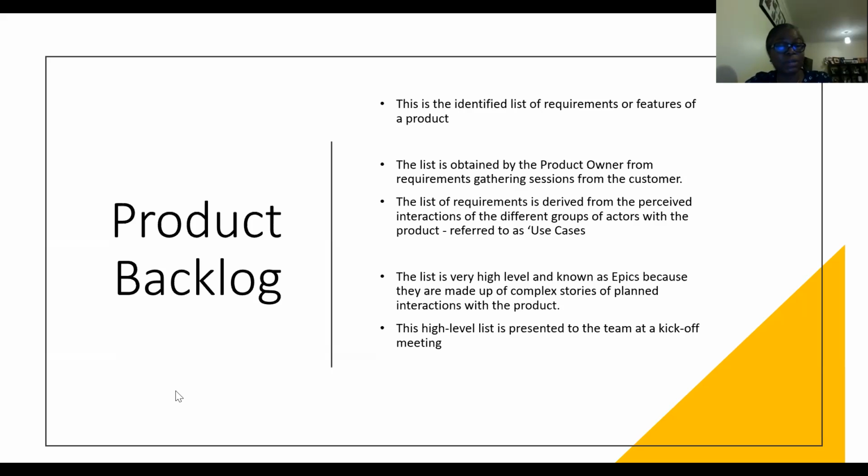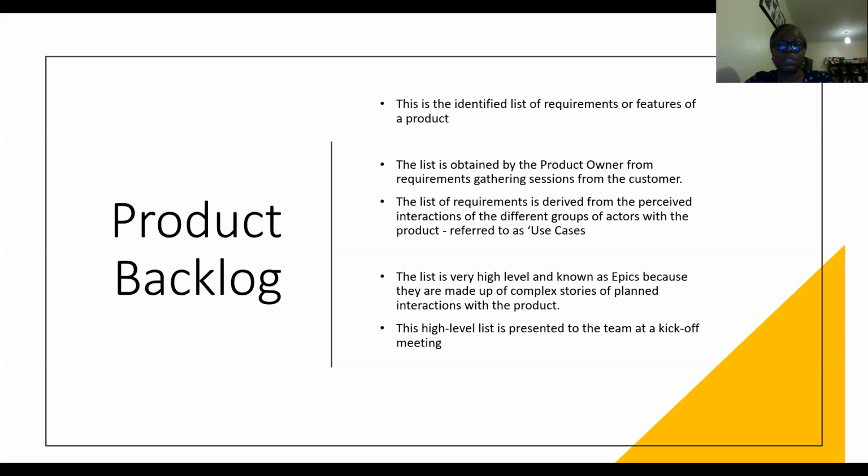The product backlog can be high level, and they're known as epics because they're made up of complex stories of planned interactions with the product. This high level list is presented to the team at a kickoff meeting or even earlier, perhaps when the customer has approached the company and there's been a meeting.